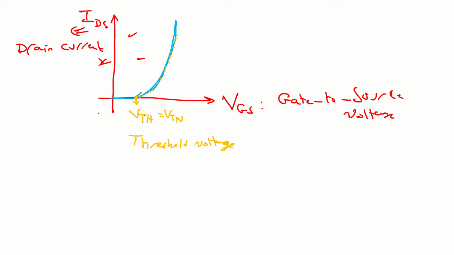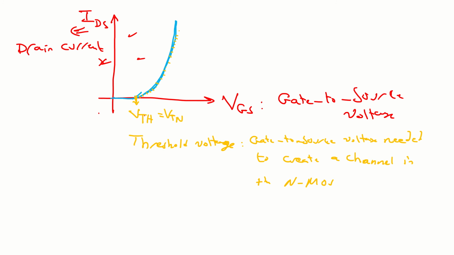Or you can say it is the gate to source voltage needed to create a channel in the MOSFET, in this case the enhancement MOSFET.